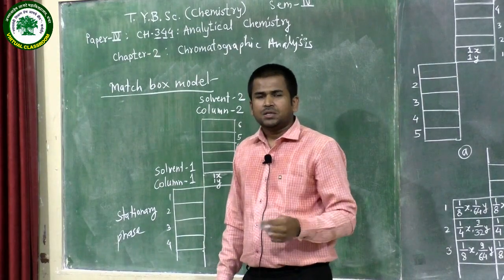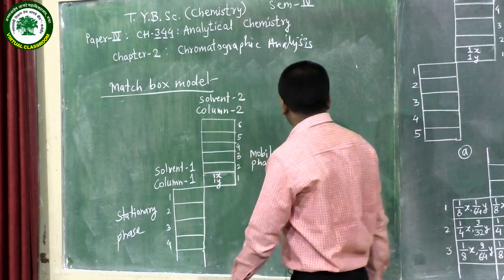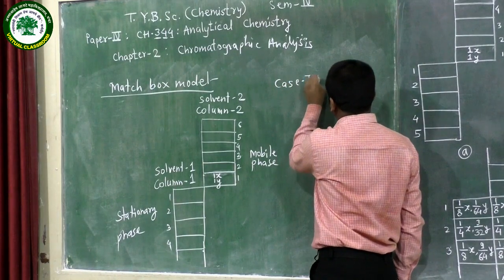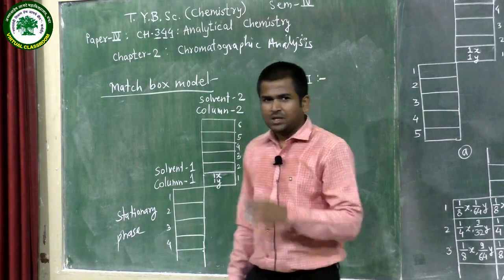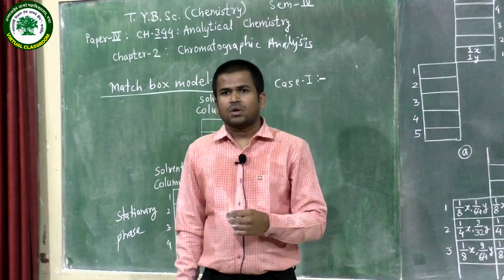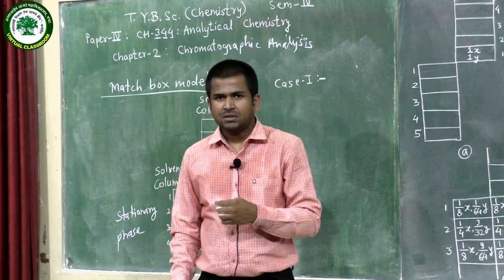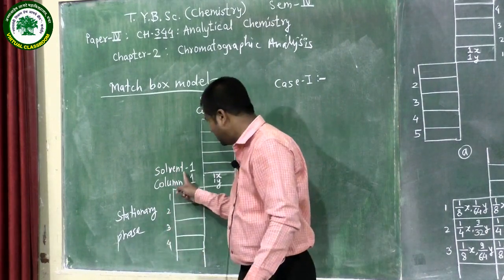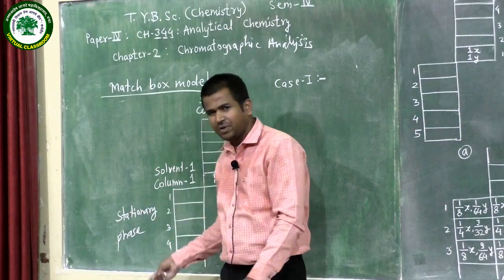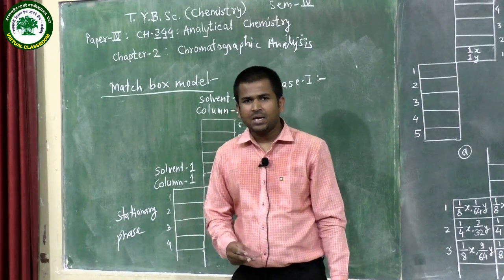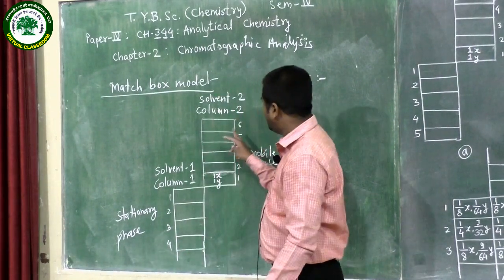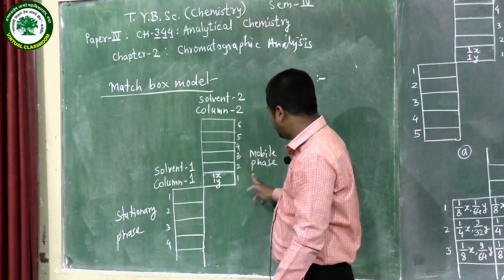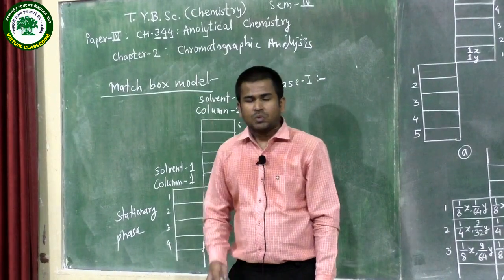Now three cases arise. In case 1, we assume that X is completely soluble in solvent 1, that is, in column 1 on the stationary phase, and Y is completely soluble in solvent 2, that is, completely soluble in the mobile phase in column 2.